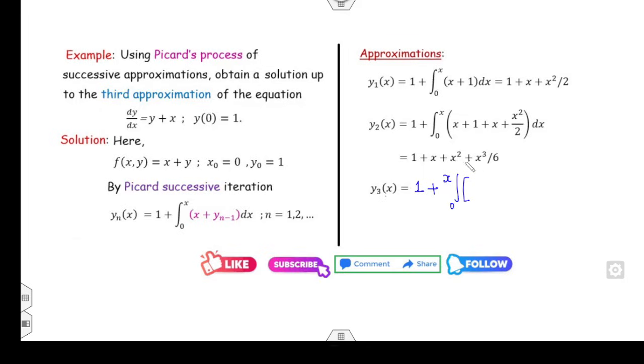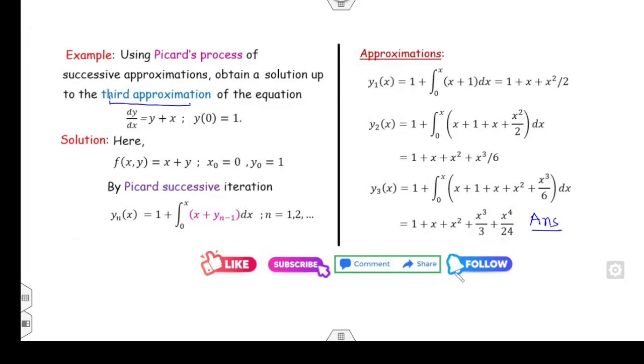It is x plus y2, because this number is my y2. So that is 1 plus 2x plus x square plus x cube divided by 6. Now if you integrate this, you will get the answer 1 plus x square plus x cube by 3 and so on. Because in this case, your target is to find the 3rd approximation. That is the required answer of the problem.